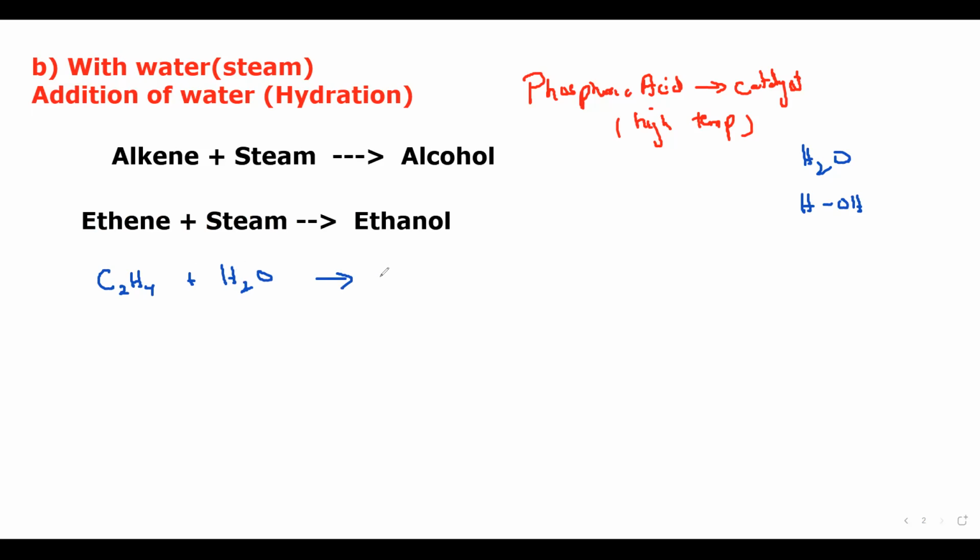When H is added, it will become C2H5, and OH is added, so it becomes C2H5OH. Whenever a compound contains an OH group, we call it alcohol. So alkene plus steam results in the formation of alcohol.